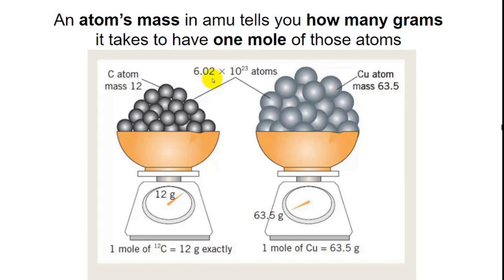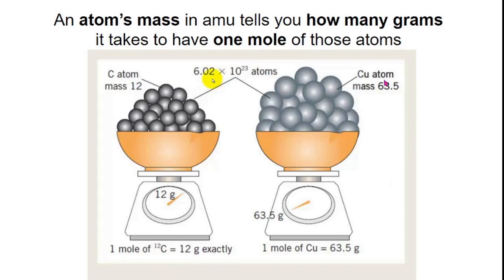It says an atom's mass in AMUs tells you how many grams it takes to have 1 mole of those atoms. So carbon and copper. If you look in the periodic table, carbon has an atomic mass of 12. So when you have 12 grams of that substance, you have 1 mole of that substance. 1 mole of carbon-12 equals 12 grams exactly.